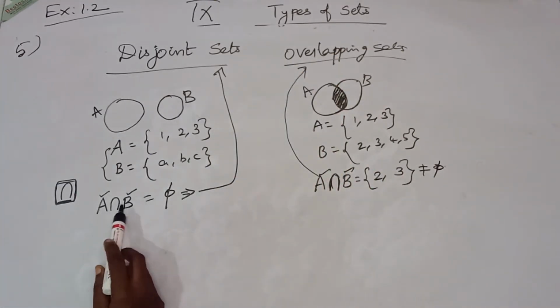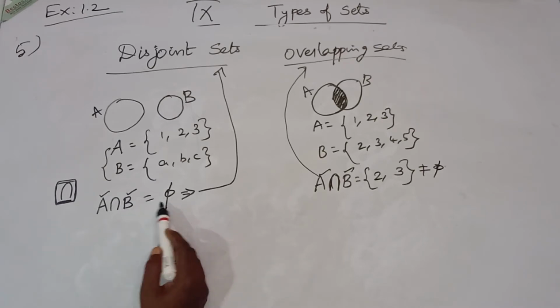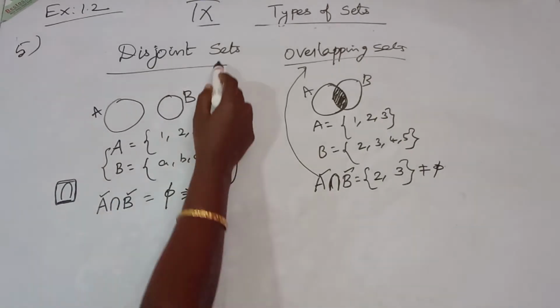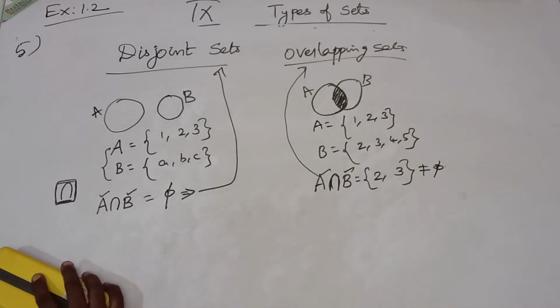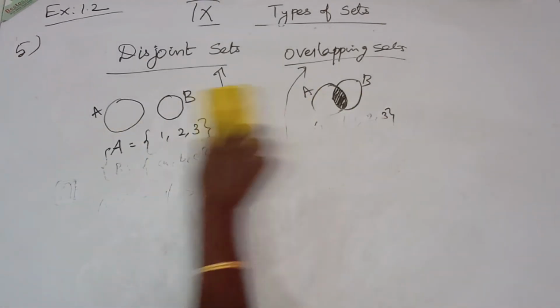If A intersection B is equal to the empty set, then the sets A and B are disjoint sets. Now you can understand what a disjoint set is and what overlapping sets are. Now we are going to see the exercise problem, fifth one, first division.